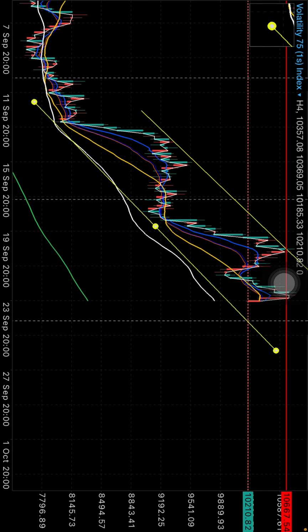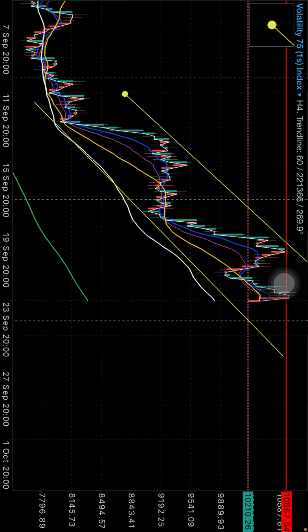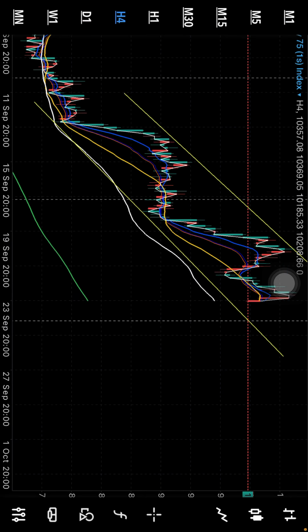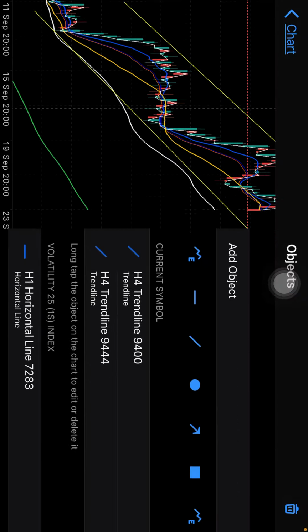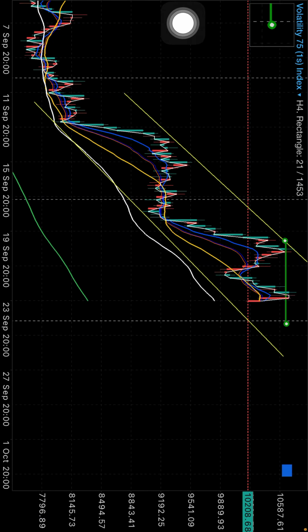I would draw my trend line here, and this is poor price action. Most people trade indicators and trade this. They say okay, nice. The market did not break out. It respected the resistance level, forming a reversal pattern.